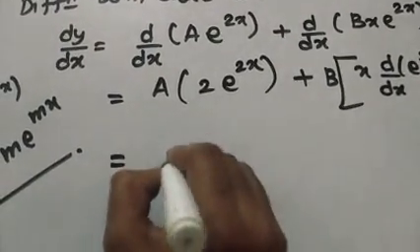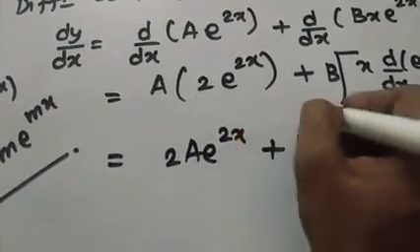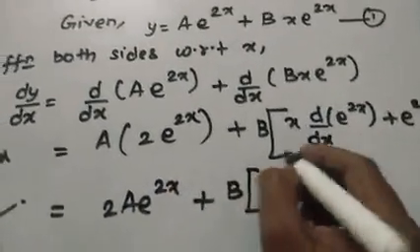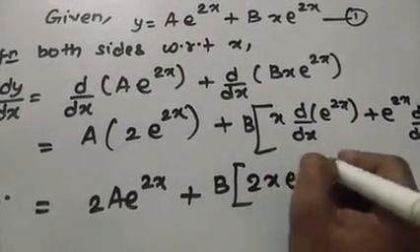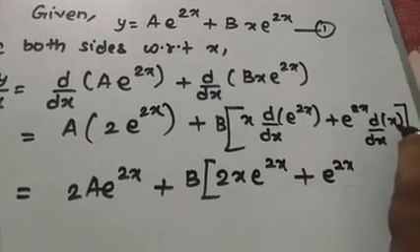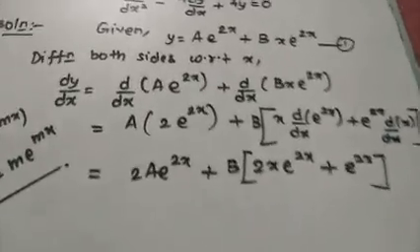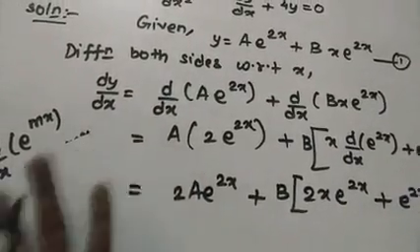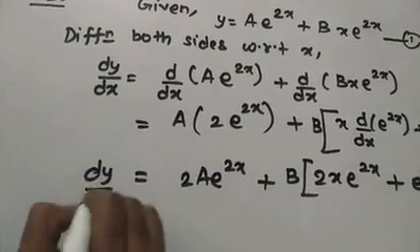Now simply multiplying, 2a e to the power 2x plus b, here the derivative of x e to the power 2x is 2x e to the power 2x plus e to the power 2x. d/dx of x is 1, so no need to write that. So this is our dy by dx.